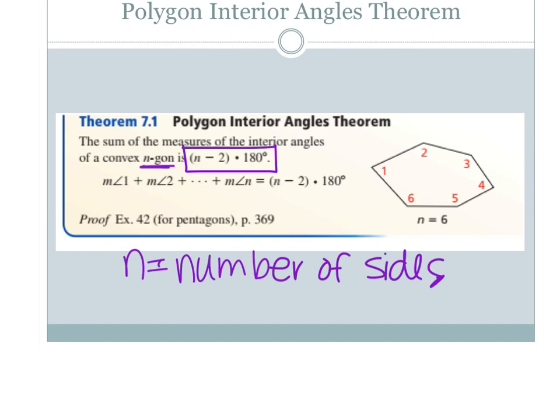If you had something bigger than like 12, you can still do it. It doesn't matter how many sides you have. N minus 2, where n is the number of sides, times 180. It'll tell you the sum of your interior angles.